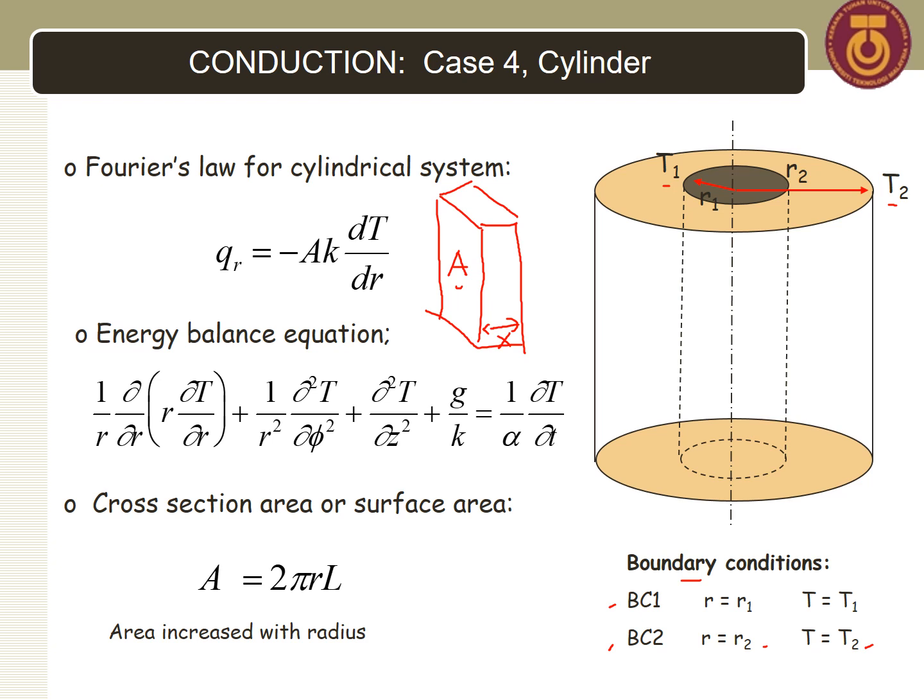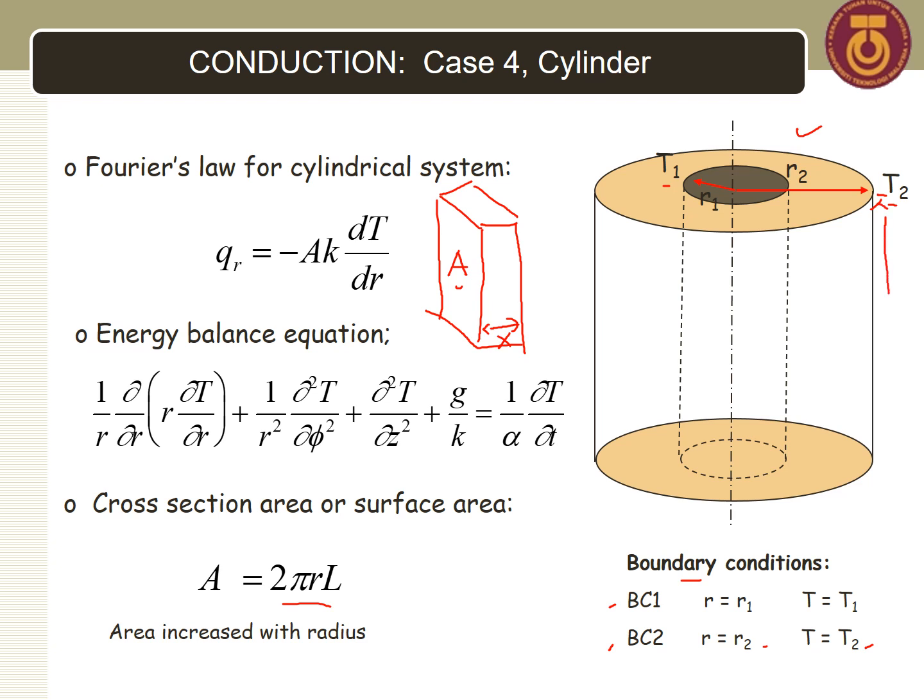But for the cylindrical system is different. As you can see, you learn in high school, the cross-sectional area, okay, of a cylinder actually equals to this formula. A equals to 2 pi r L. So where is L?